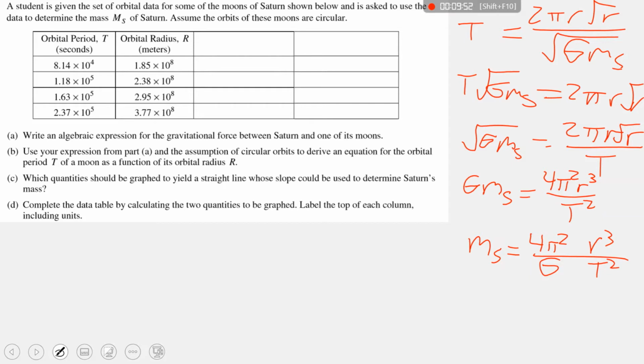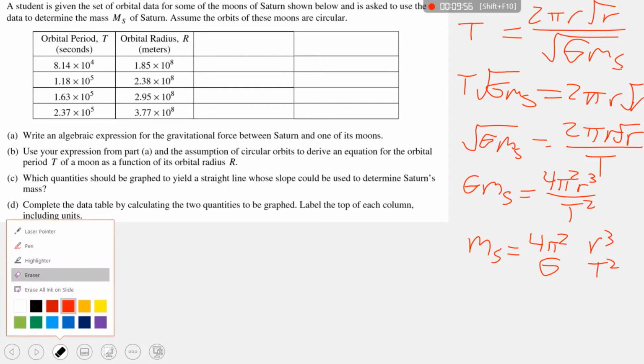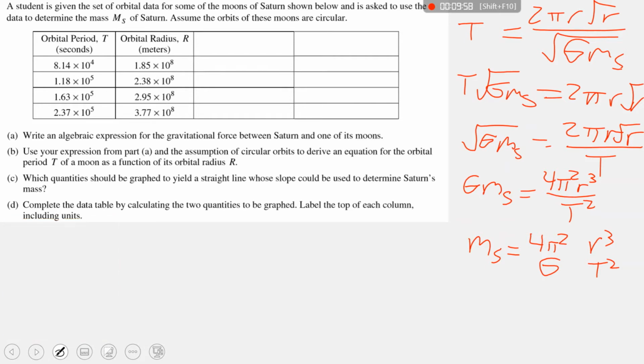Okay, so what I want to notice here is that I'm really just multiplying by a constant here. That constant is always the same.